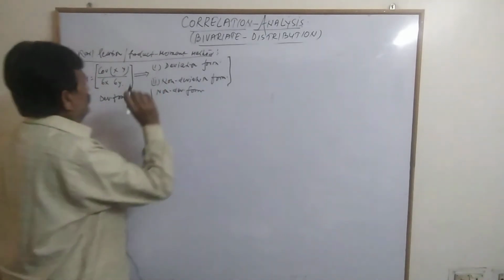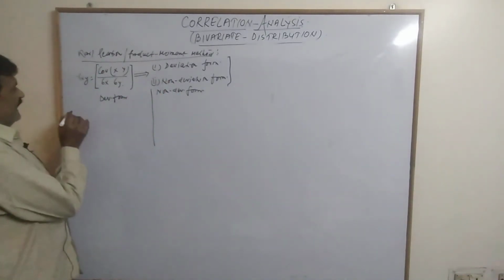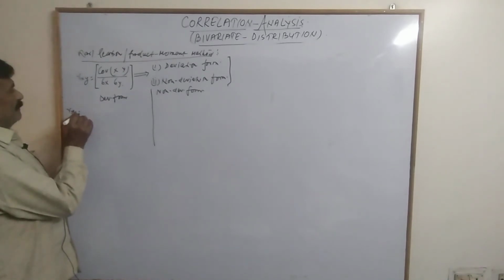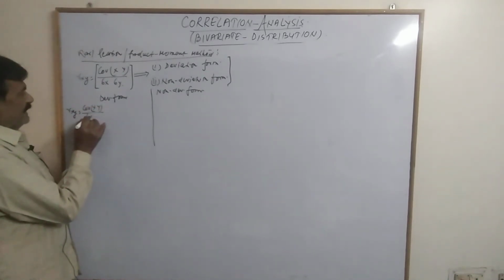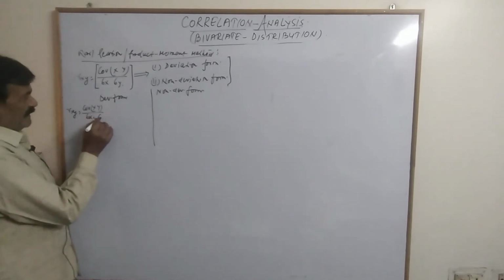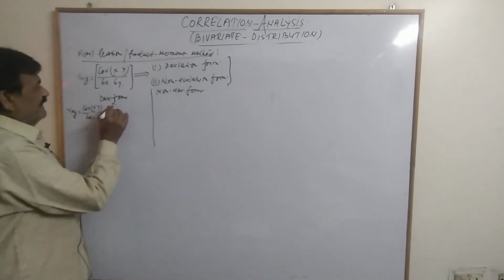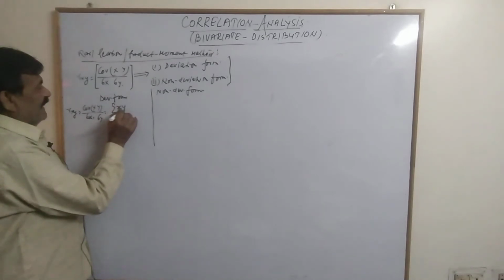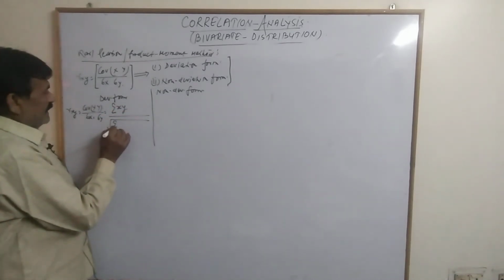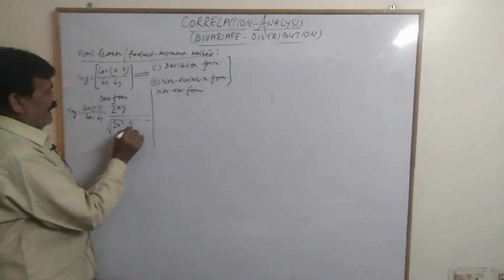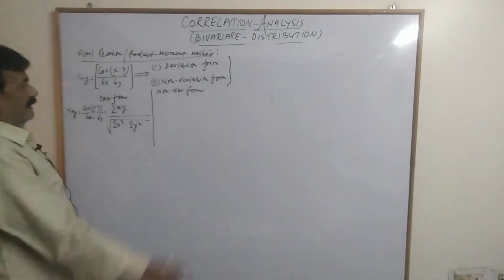Now deviation form says that correlation between x and y, that is covariance xy divided by standard deviation of x and standard deviation of y, is summation xy divided by under root summation x square and summation y square.